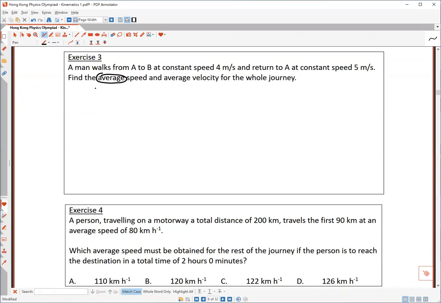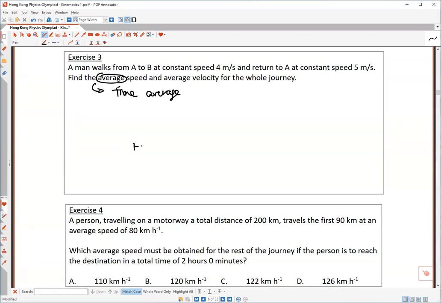So let's continue. The term average in physics means time average. It's not just the average of these two values. I'll give you an extreme case.